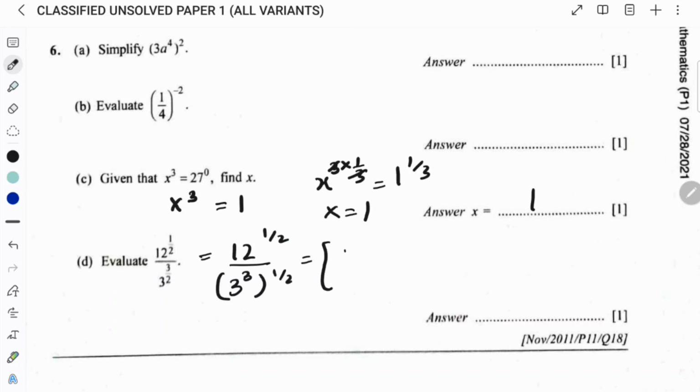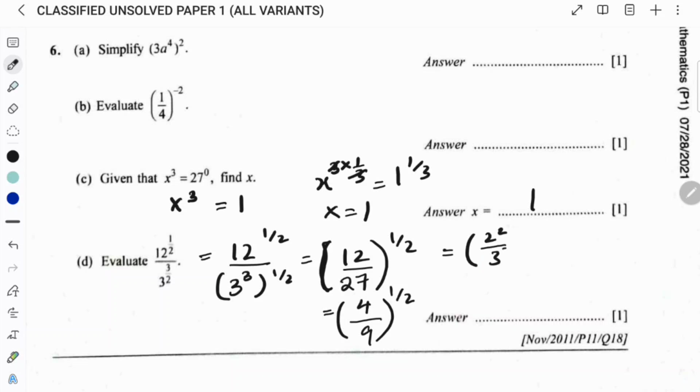So we can write together 12 upon 3 cubed. 3 cubed is 27, and the whole power half. We can write like this: 12 over 27, 3 times 4 is 12, and upon 9, to the half. And we know that 2 over 3 will be the answer, because 2 squared over 3 squared with half power on both of them will become 2 over 3 here.